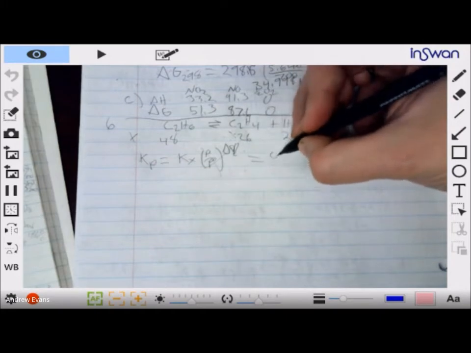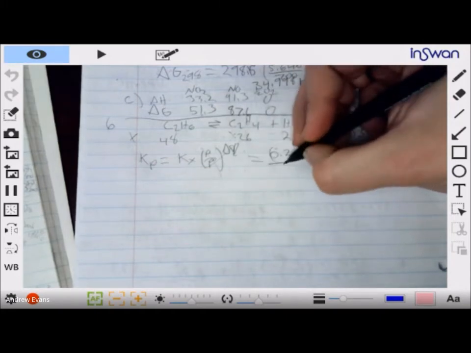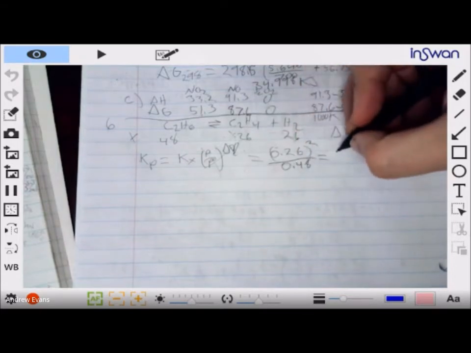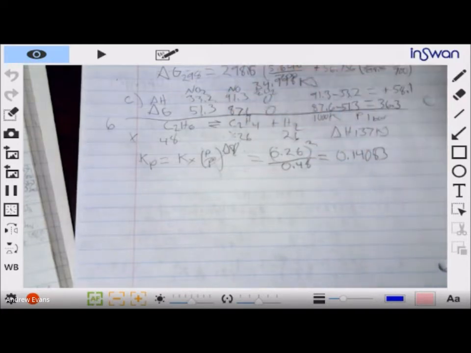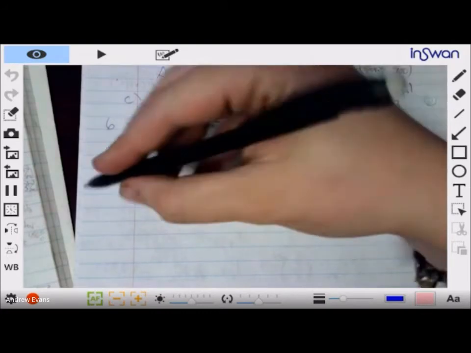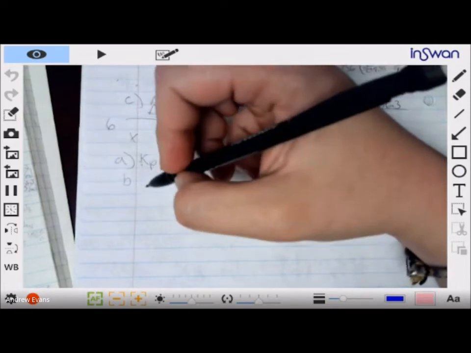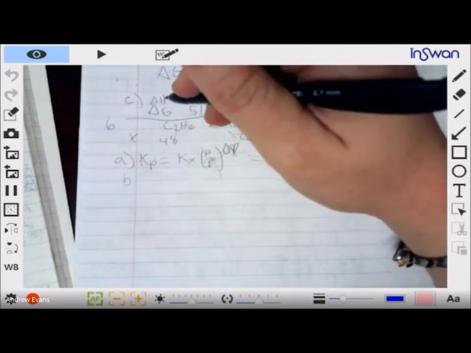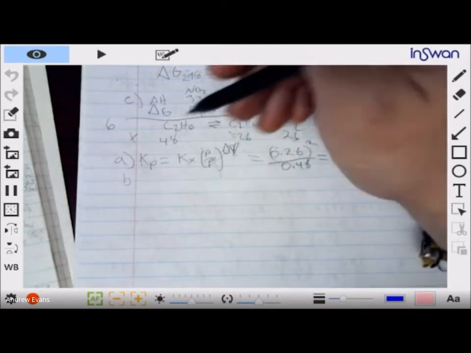So we can say 0.26 squared over 0.48 will give us our Kp at 1,000, which is 0.14083. Easy enough. Part B asks us to calculate Kp at 298 if the enthalpy is 137.